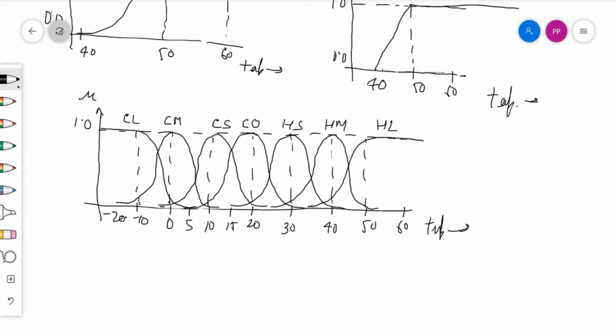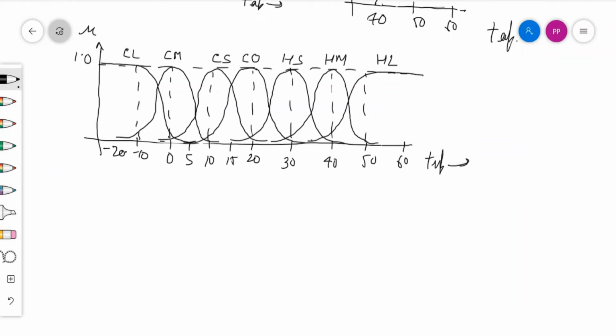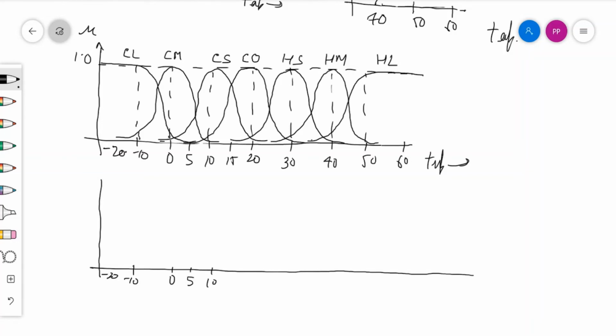For the same plot, if we want to draw an equivalent fuzzy representation which is exactly linear, here again the same temperature range we should draw: minus 20, minus 10, then 0, then 10, in between there is 5, then 20, in between there is 15, then 30, then 40, then 50, then 60, like that.